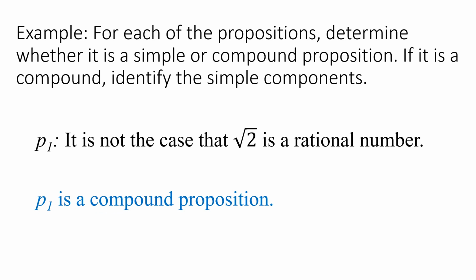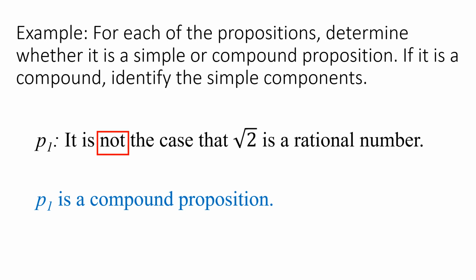Okay, what makes the statement a compound proposition? Now, if you observe, there is a word not. Because of that word not, this statement can be considered a compound proposition.